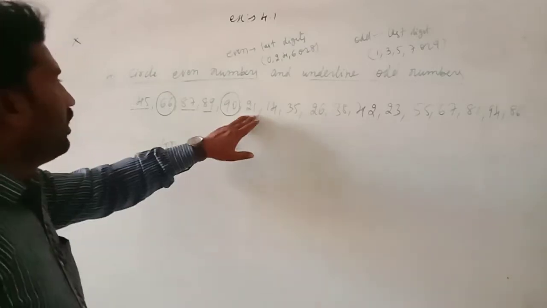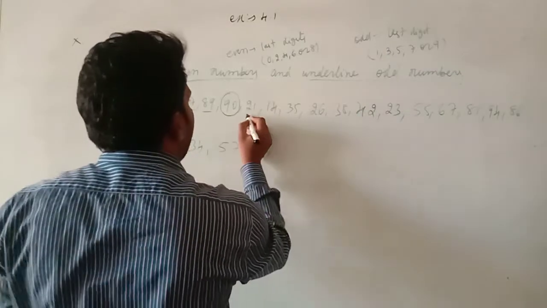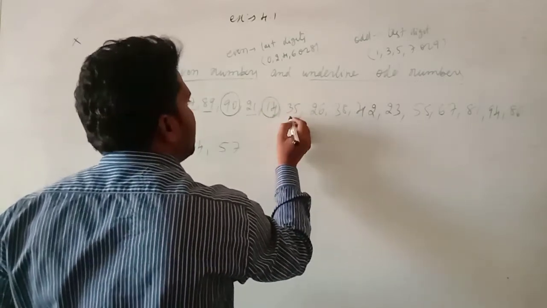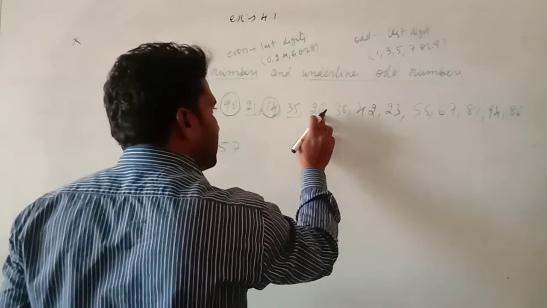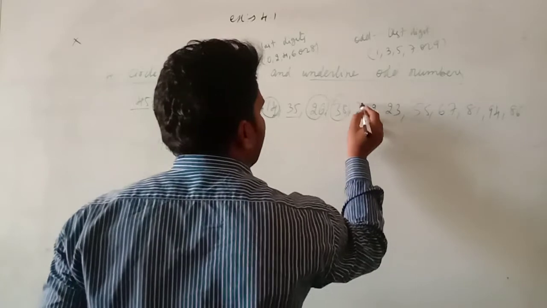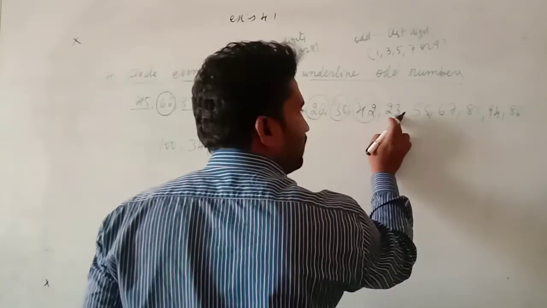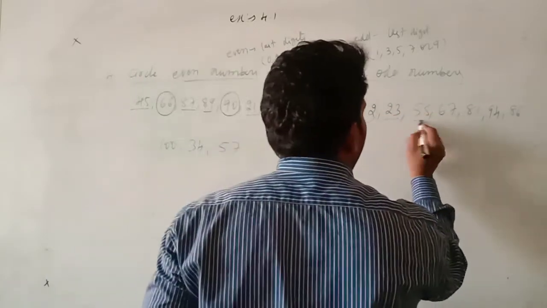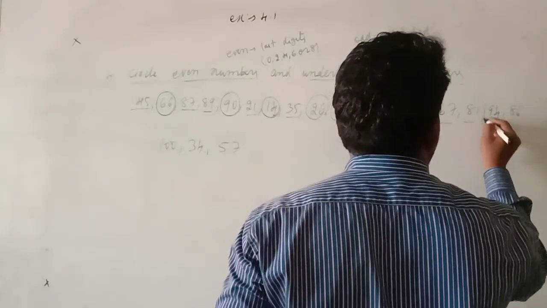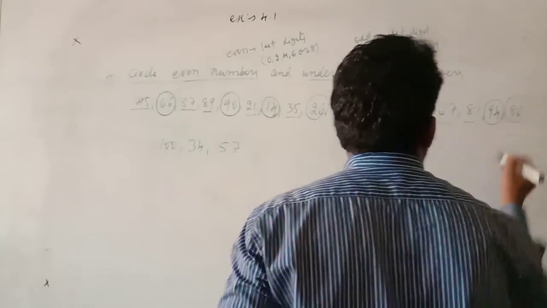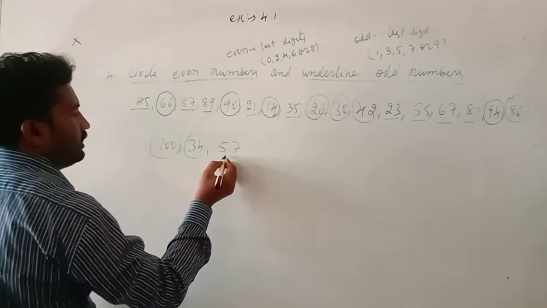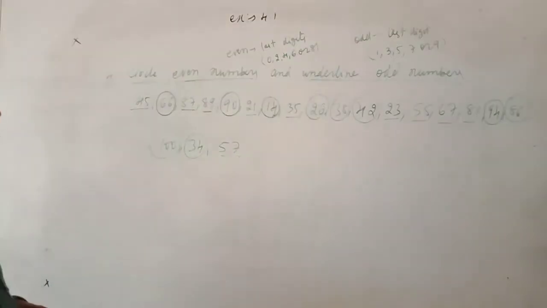So last digit 1 is odd, 4 even, 5 odd, 6 even, 8 even, 2 even, 3 odd, 5 odd, 7 odd, 1 odd, 6 even, 0 even, 4 even, 7 odd.